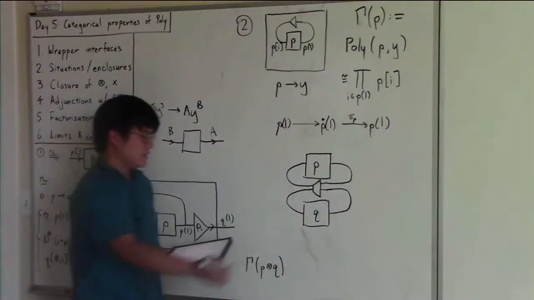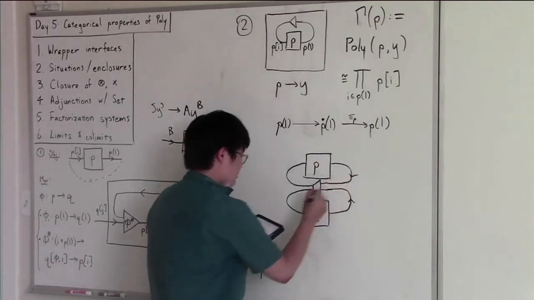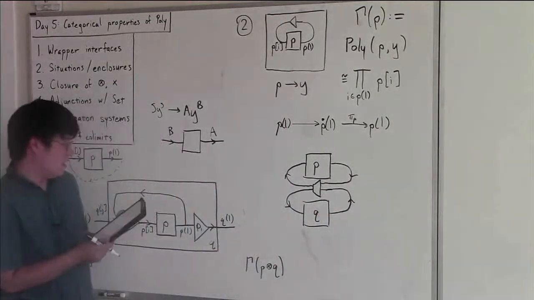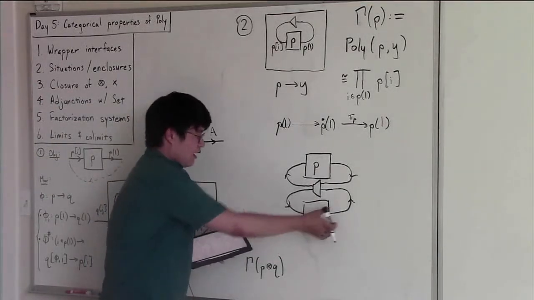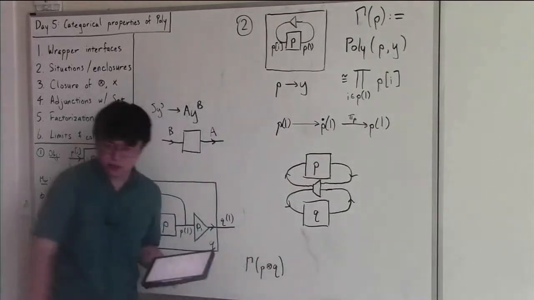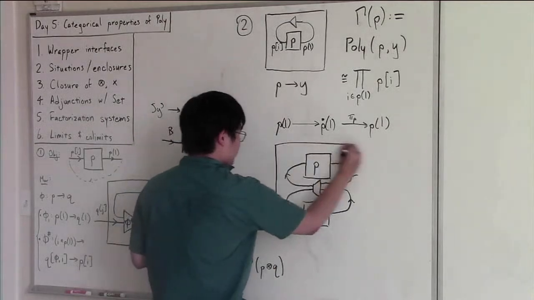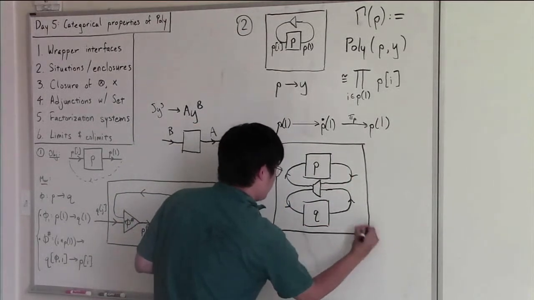I'll draw a few arrows on here to remember how the flow goes. And so this would be a map from p tensor q to y. I'll just draw a big box around here to remind us that we have wrapped it with an interface y.